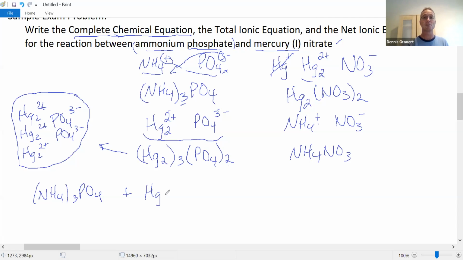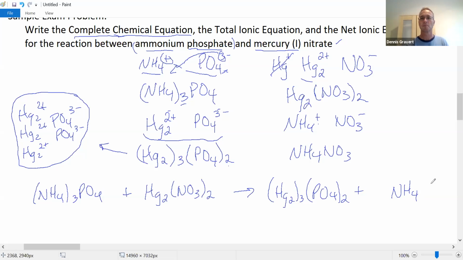Mercury 1 nitrate with 2 of those. And they're going to change the cations into mercury phosphate and ammonium nitrate.